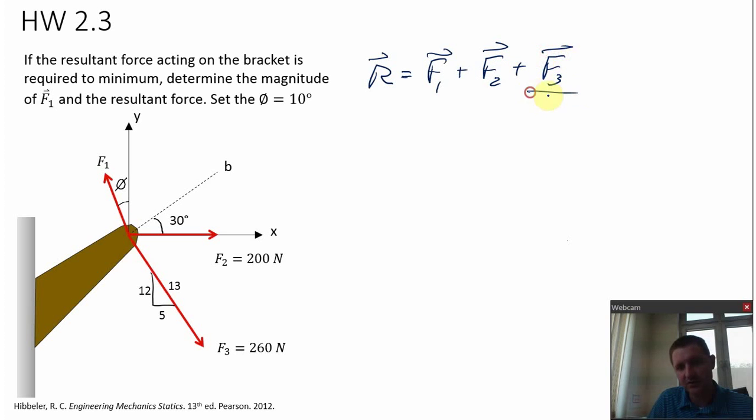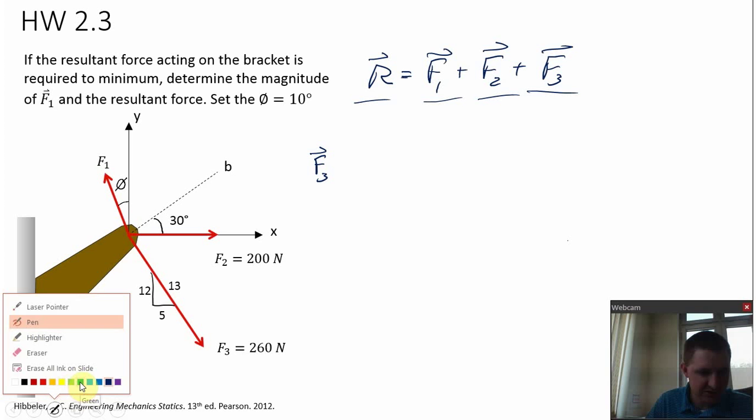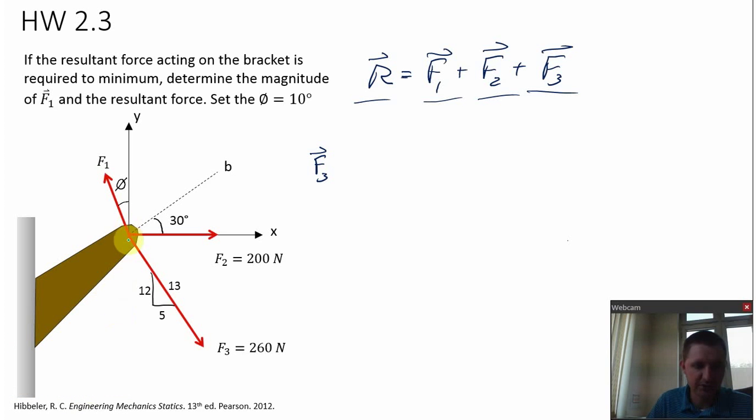I'm going to write each of these forces in component form so I can get a function of R. So let's write F3 in component form. When I do this, I like to actually draw the components of the force vector that I'm dividing into component form, so it's easy for me to see and I make fewer mistakes.